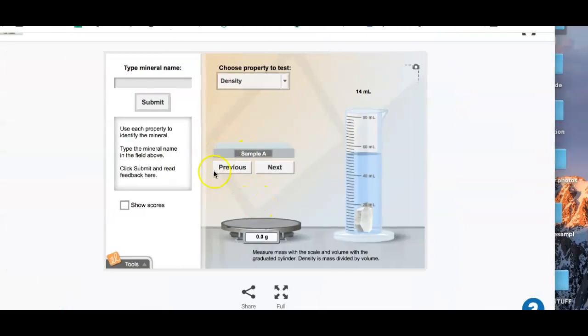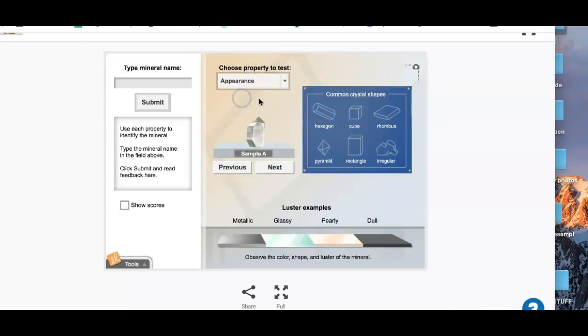So if I look here, I'm going to go back to appearance. And you can see here I have different luster examples. And then colors, we can just use the colors that we already know. Something can be metallic, glassy, pearly, or dull. See, that one doesn't shine at all. These other ones are kind of reflecting light.